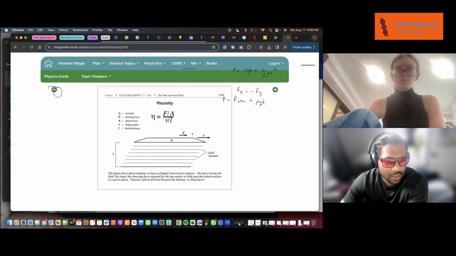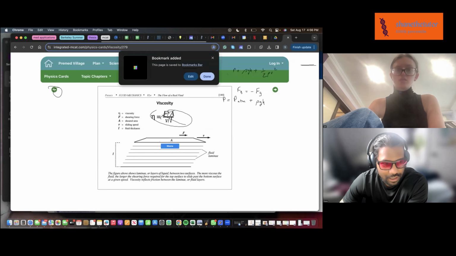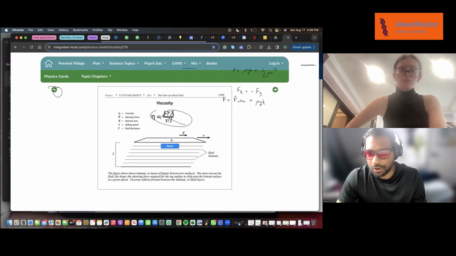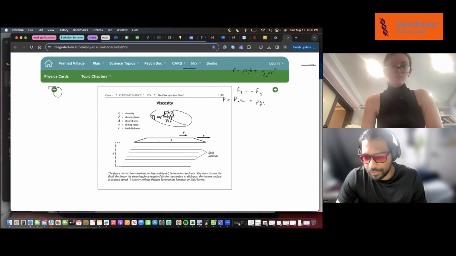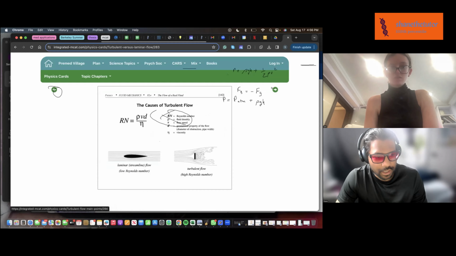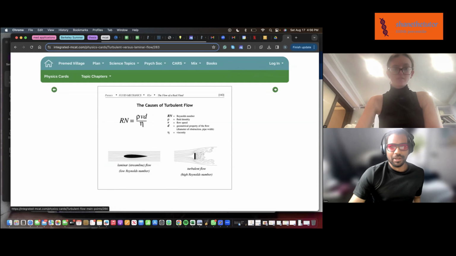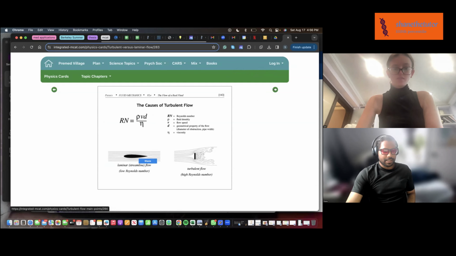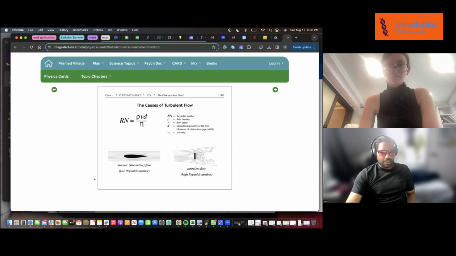Viscosity, well, don't worry too much about this formula. Let me go forward a few cards. There we go, that's the Reynolds number. Do you see what it looks like? Laminar streamline flow looks like this, going in lines.